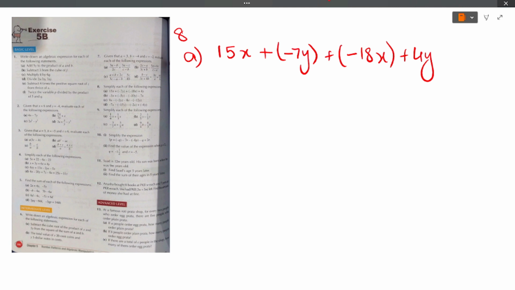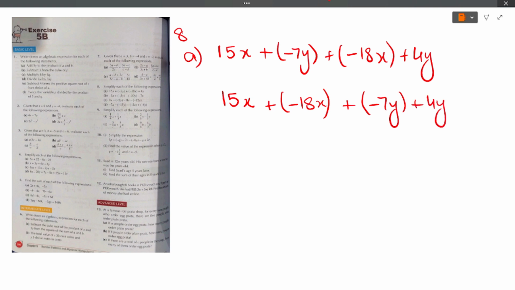So we have the x variable and the y variable. We have two variables here with the coefficients. So we are going to write the x variable together. First I'm going to write 15x plus into minus 18x, then plus minus 7y plus 4y.